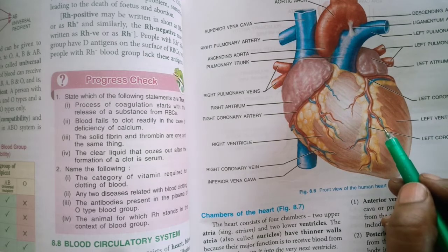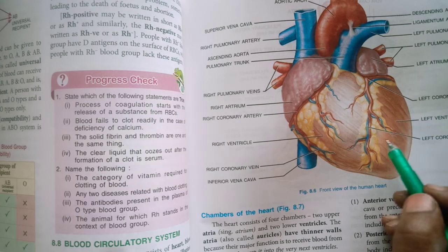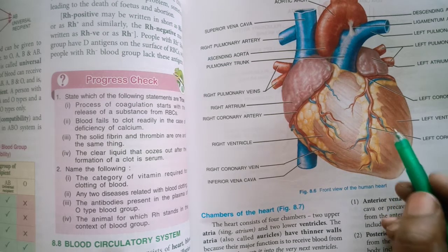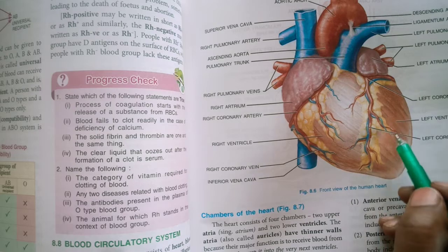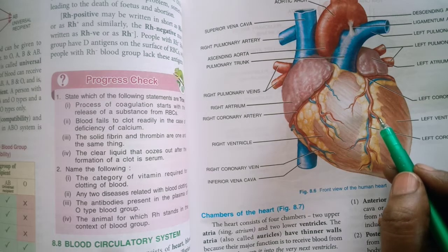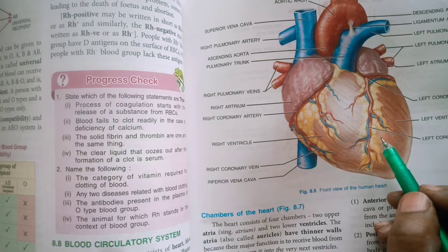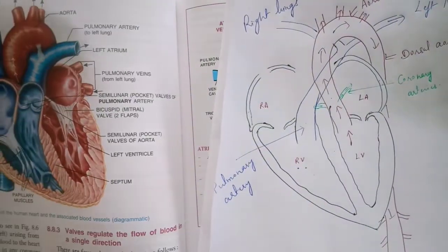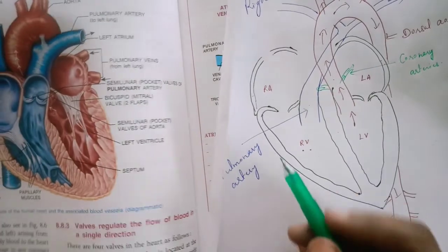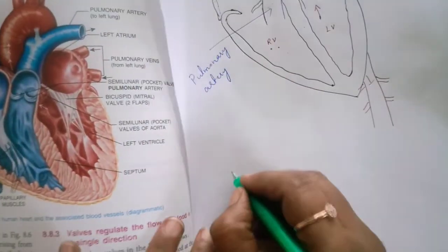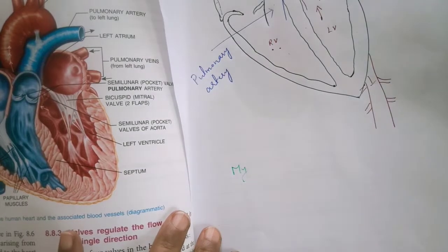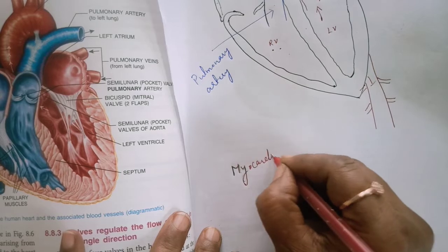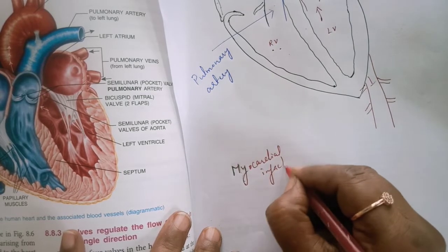In the absence of supply of oxygen, the deadening of the muscle of that area where that particular artery was supplying blood takes place. This deadening of the muscles is known as myocardial infarction. Okay, the biological term is myocardial infarction.